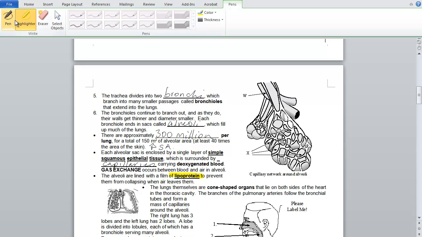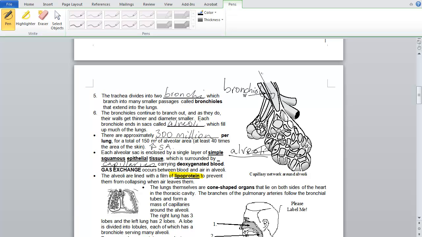So the air, we remember air, not oxygen, would be entering W, which would be a bronchiole. And the small sacs that X is pointing at would be alveolus, or alveoli, plural.